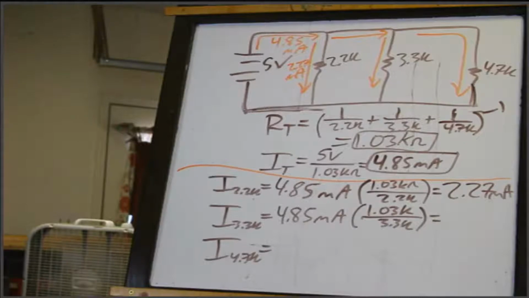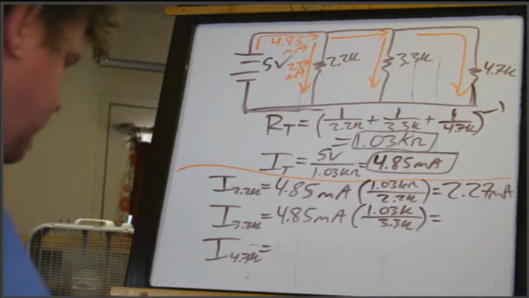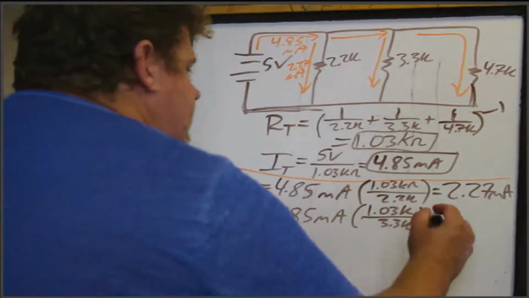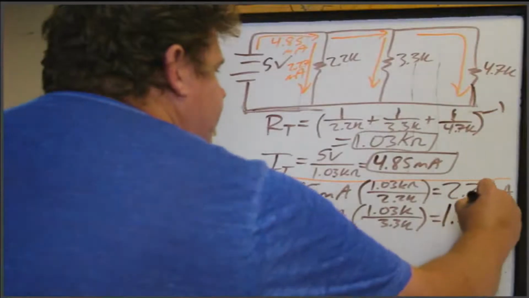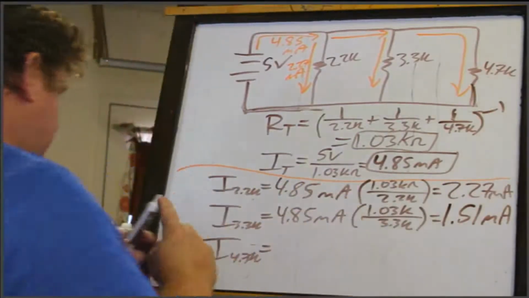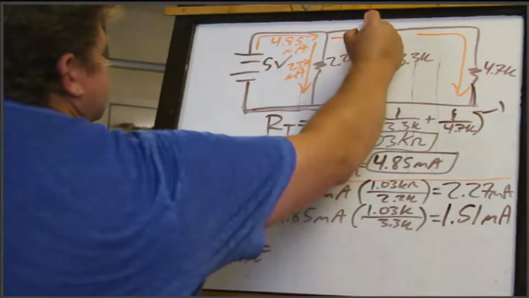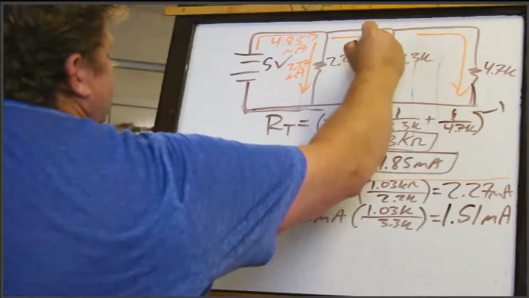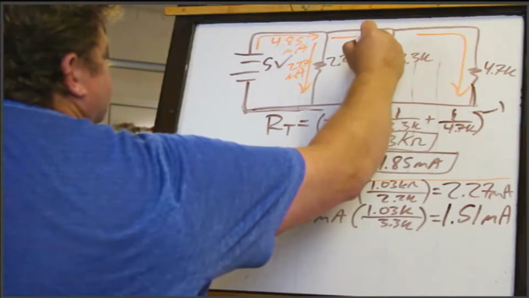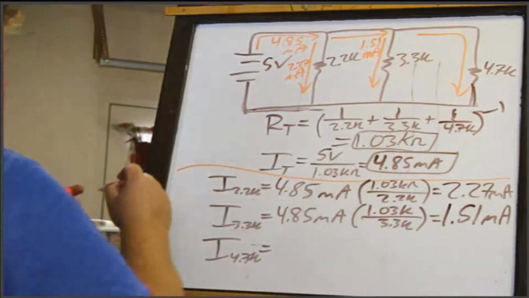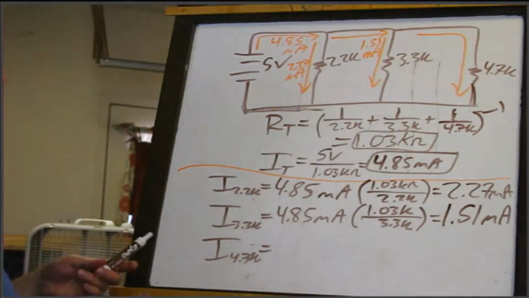Should be a little bit smaller. 2.2 is roughly 2/3-ish. I get 1.51 milliamps. So 1.51 milliamps.